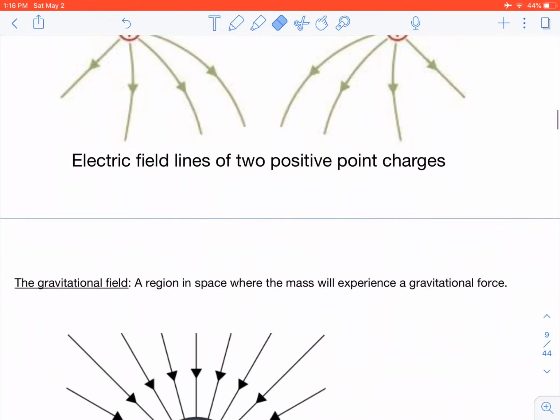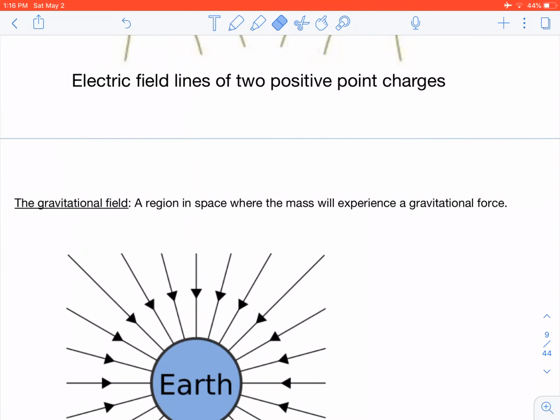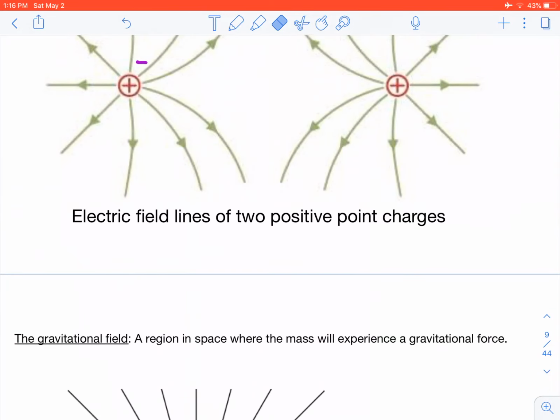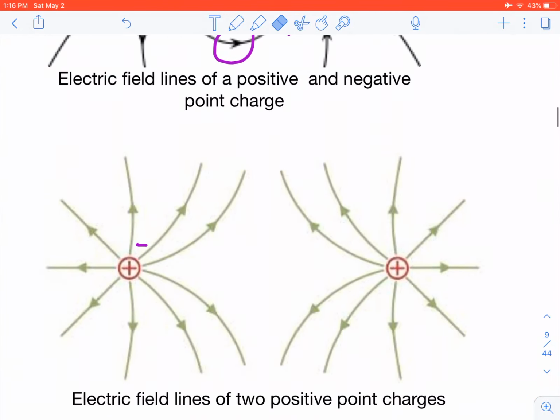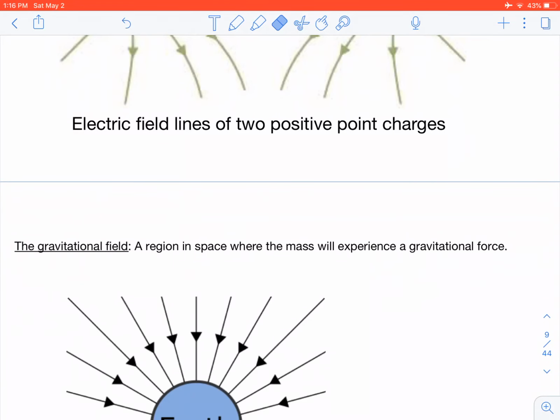Right, now we come to a gravitational field. So we spoke about a magnetic field, which is a region in which a magnetic substance experiences a force. An electric field is a field in which a charged particle experiences a force.